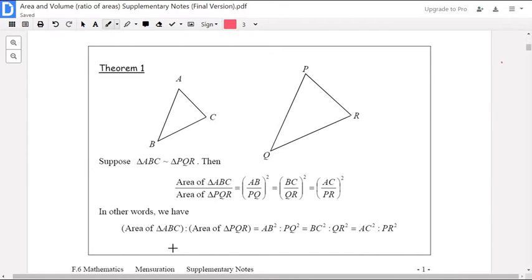In other words, the ratio of the areas of similar triangles will be the ratio of the lengths of the corresponding sides in this pair of similar triangles, but with a square. This is theorem 1.